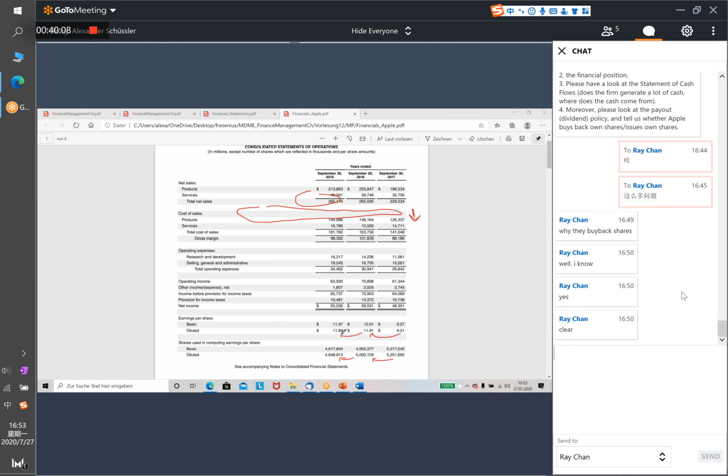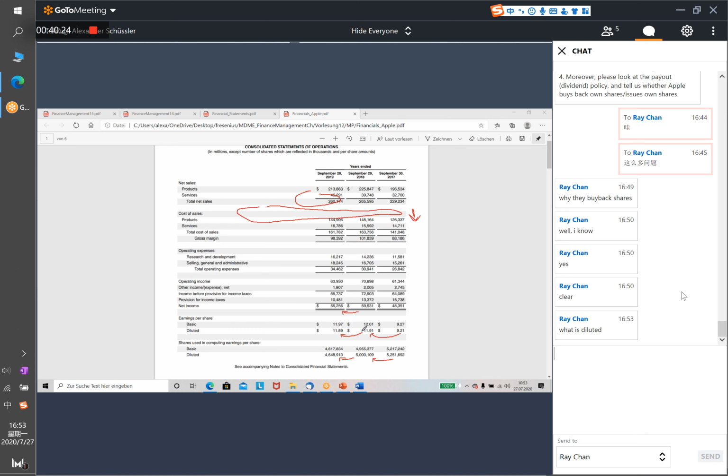They develop more favorably than net income. Here, for example, net income went down by about 10%, but the earnings per share went down only very slightly. And this is because of buybacks.